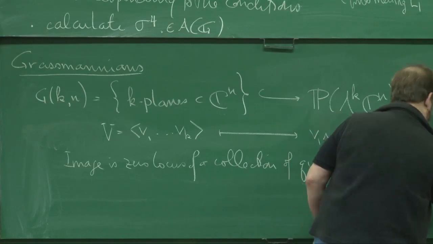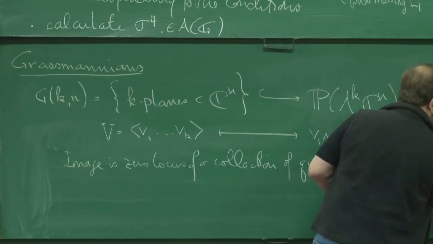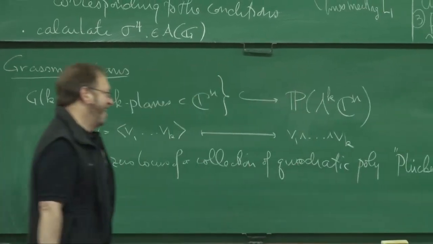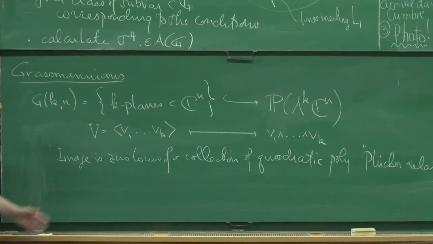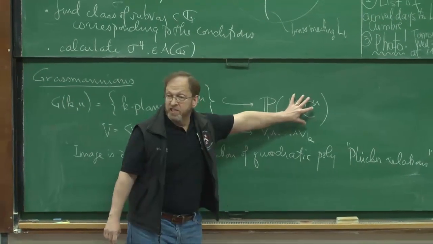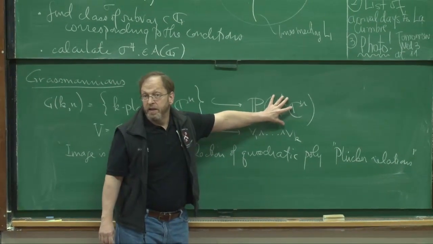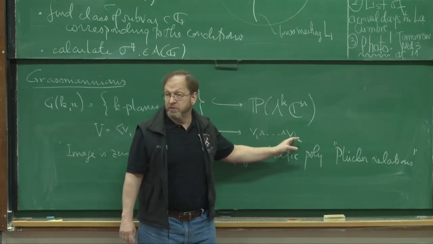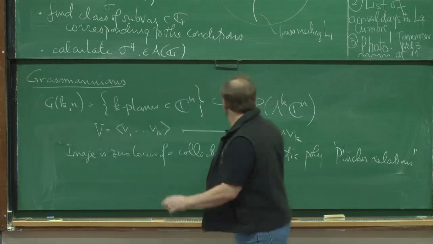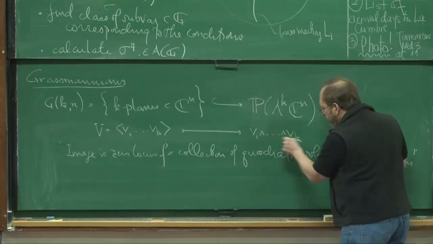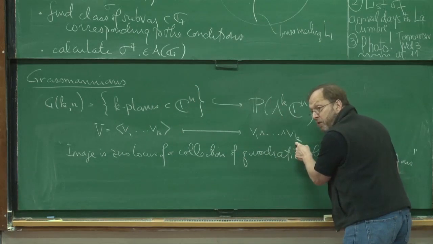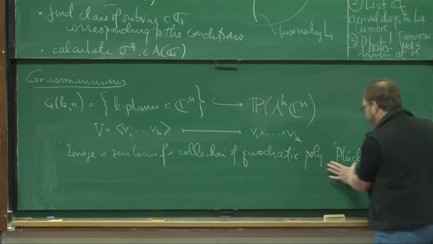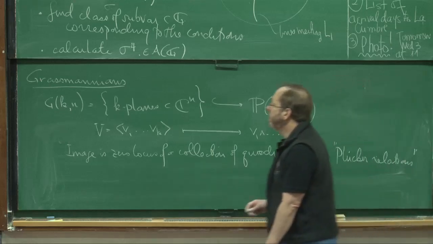I apologize for mispronouncing the name earlier. In other words, a general member of this vector space is expressible as a linear combination of vectors of this form. But the set of vectors in here that are expressible in this way, totally decomposable, the characterization of such vectors is via a collection of quadratic polynomials.